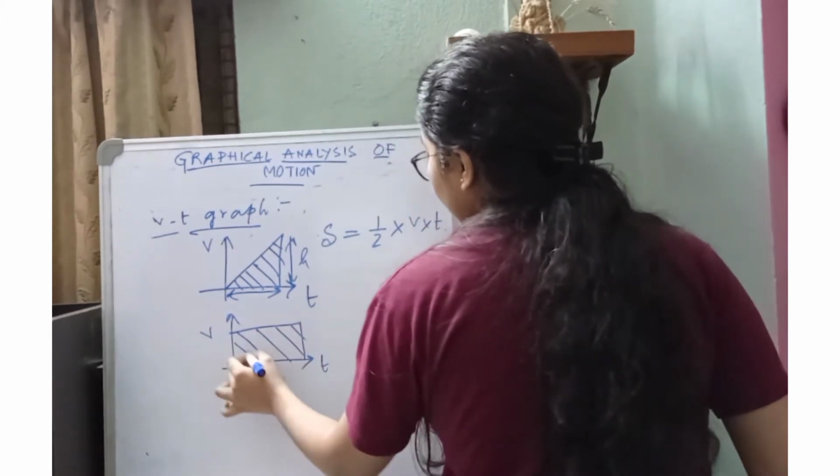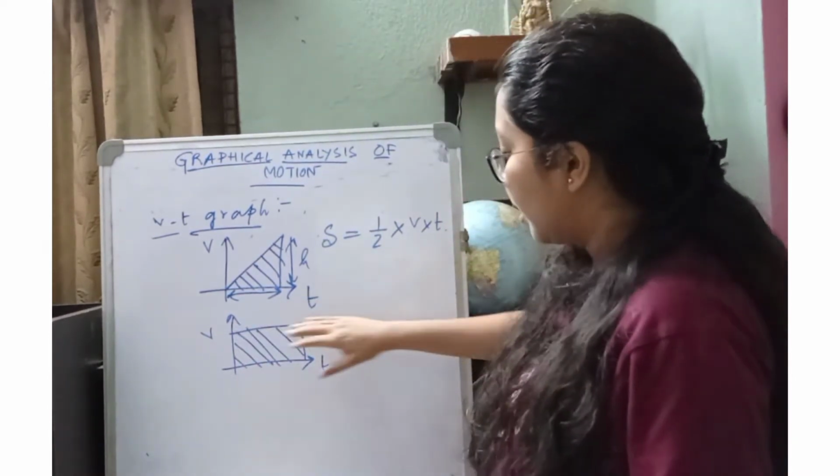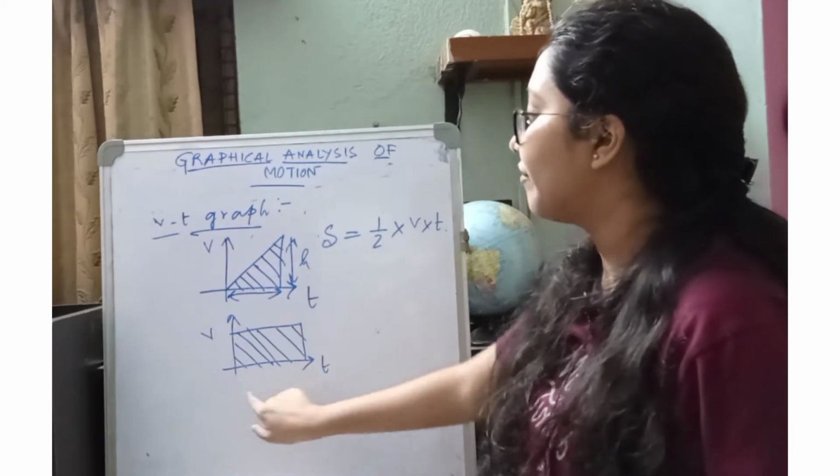Okay, so if I consider this as a shaded region, the area of this particular graph will be the area of a rectangle.